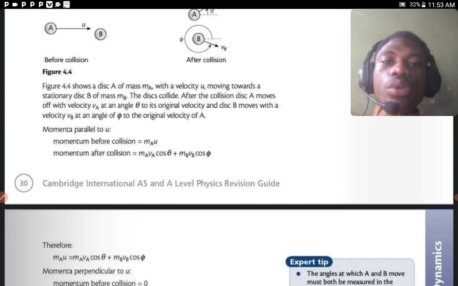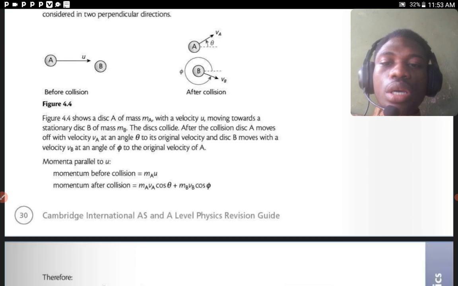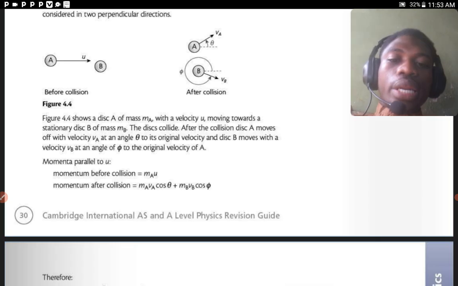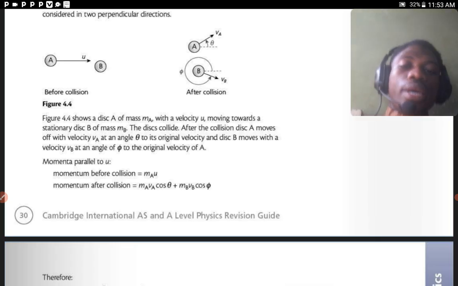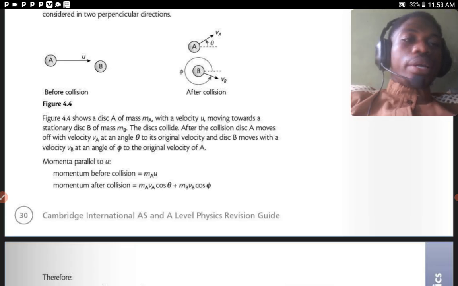So now you can see that the momentum before collision is only the momentum of A, because B was stationary.